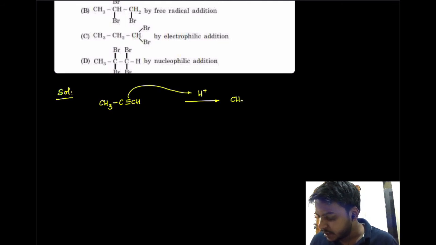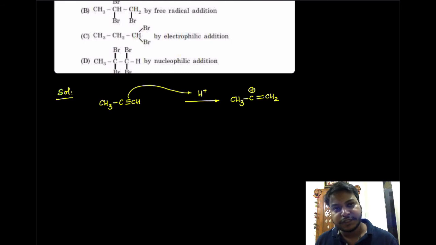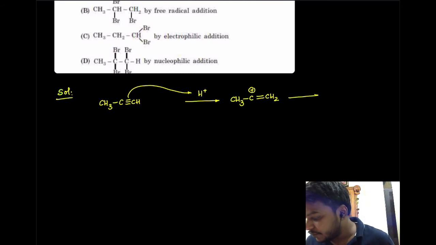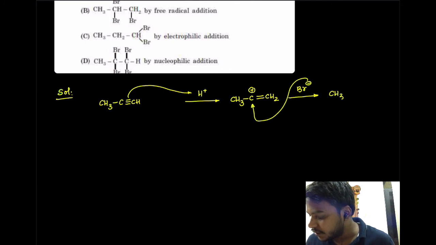So we'll get this as CH3 C double bond CH2 plus following Markovnikov's addition, and from here Br minus is added on this carbon. So we'll get this as CH3 C Br double bond CH2.